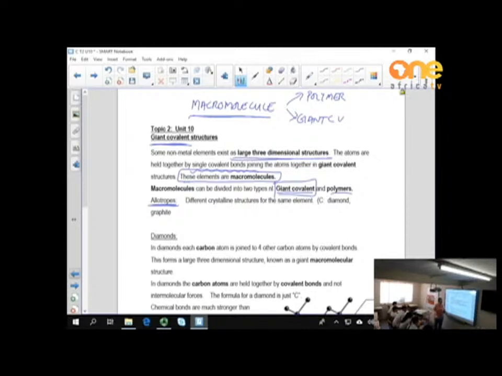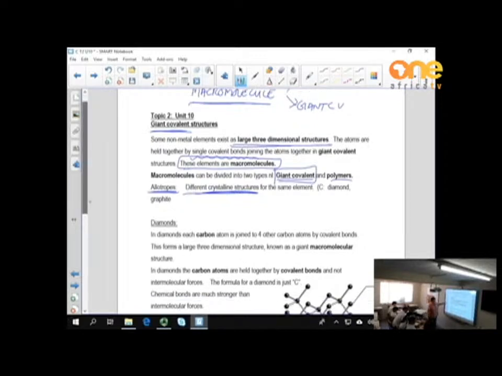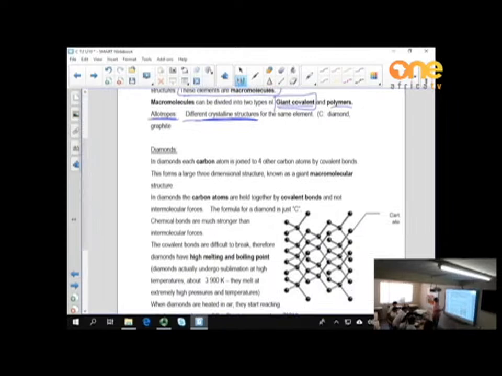It depends a little bit on the conditions under which they were formed. Diamonds prefer high pressure, high temperature. Graphite is formed under different conditions. So, allotropes, different crystal lattices for the same element. The first allotrope of carbon. The first one, diamonds.